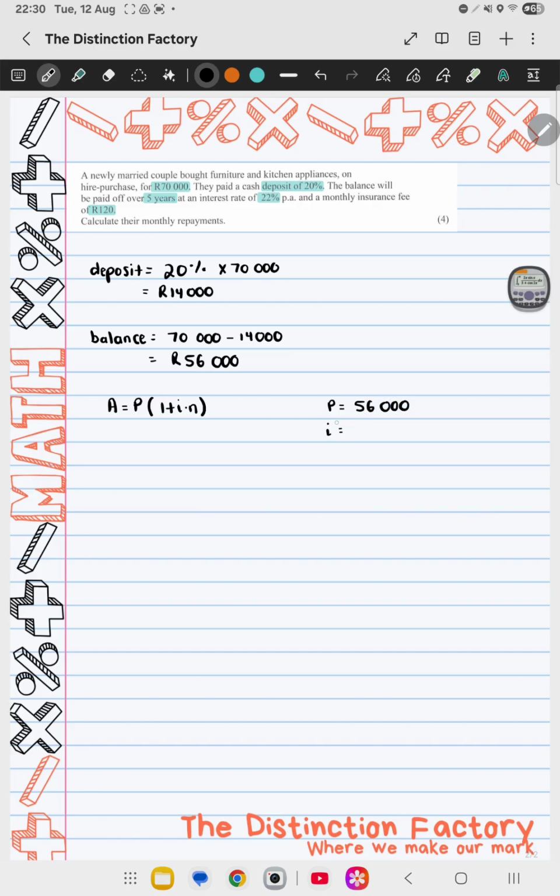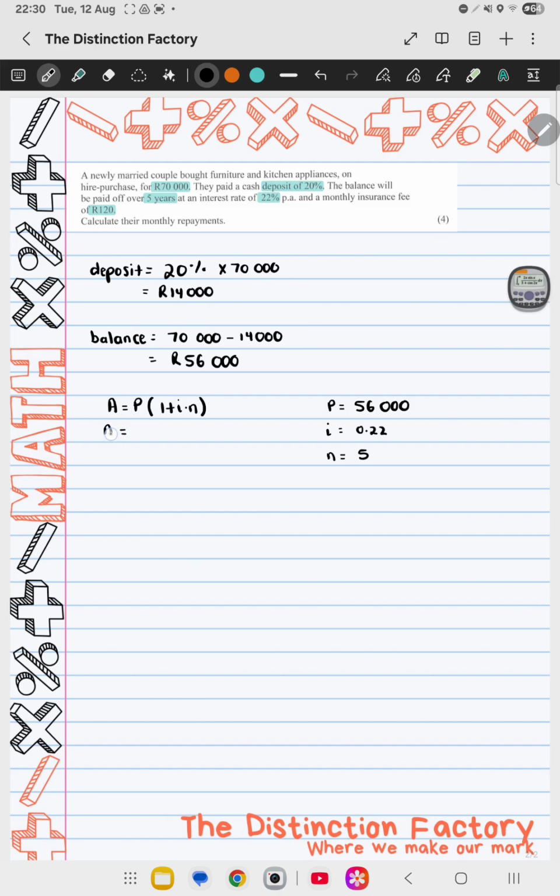We have our interest rate, which was mentioned as 22%, but remember to convert it into a decimal. So I will write it as 0.22. And the number of years that we have is 5 years.